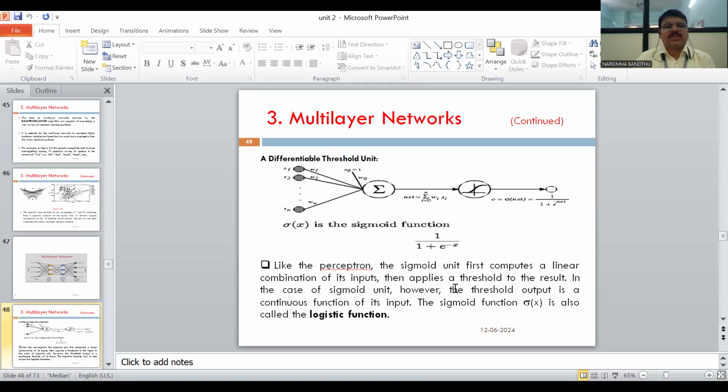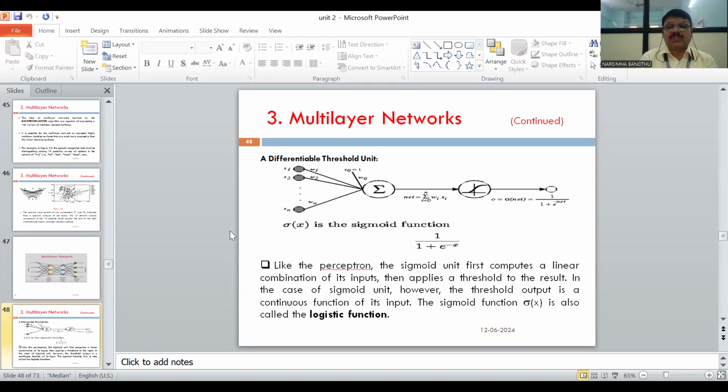Multi-layer network, differentiable threshold unit. Like the perceptron, the sigmoid unit first computes a linear combination of its inputs, then applies a threshold to the result. In the case of the sigmoid unit, however, the threshold output is a continuous function of its input.